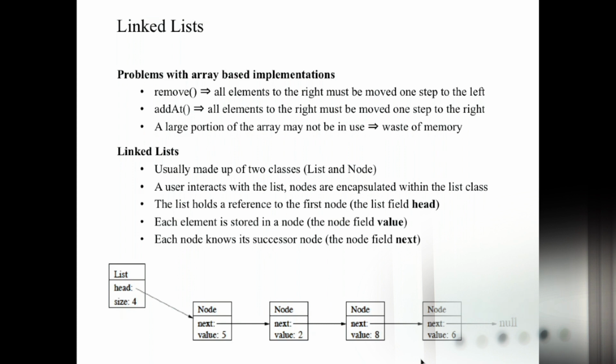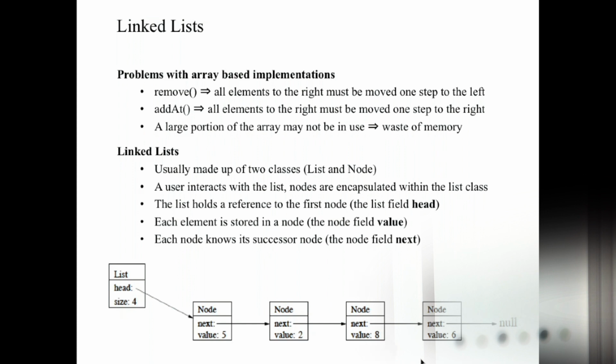It means that to define a linked list, we need two things. We need to define the list, with the size for the list that will be automatically counted based on the number of elements, and then we need a node type. I already explained the reasons why we need a linked list instead of an array list or a simple array: the problem is with the remove and add at methods, because then you have to shift the elements.